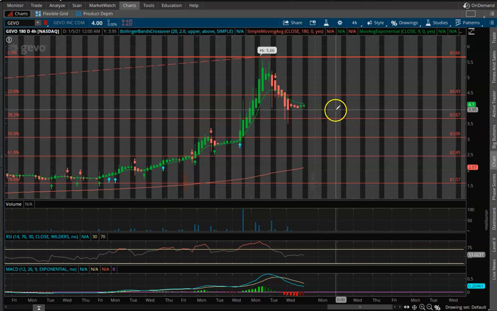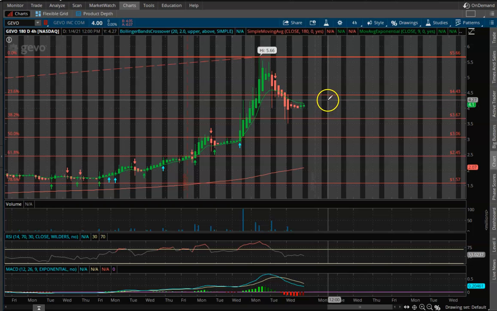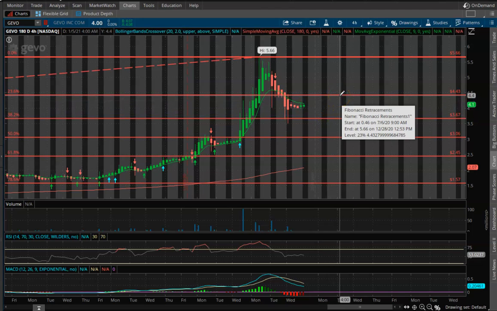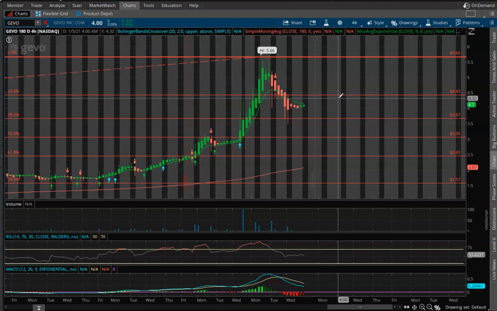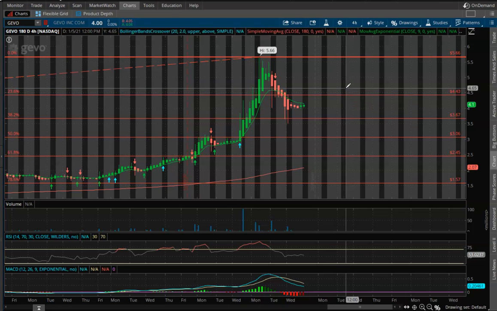Is it going to bust through and continue to go down? Because I might be able to get it at a cheaper price. But if it bounces off and we start seeing some more upward momentum, then I might be able to have an entry here, ride it up to the resistance, maybe set a stop loss, and either one, take profits, or two, ride it up in case it busts through that key resistance level.